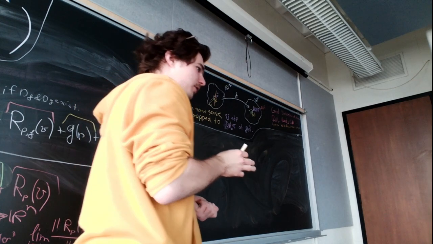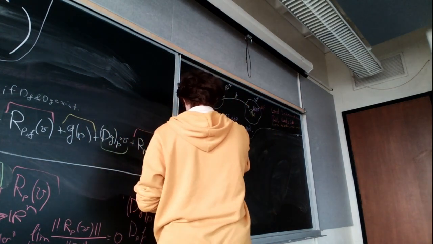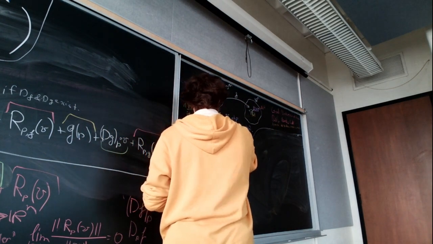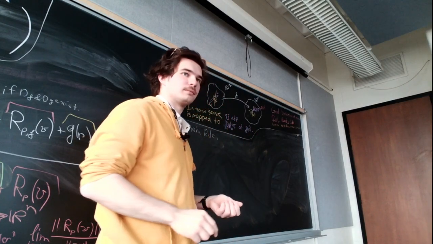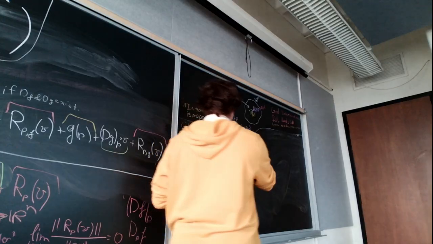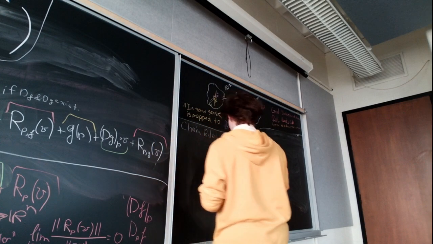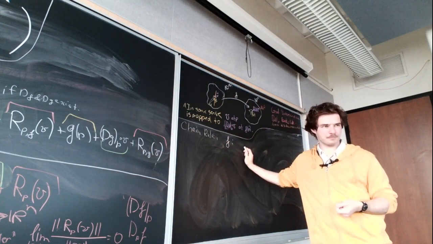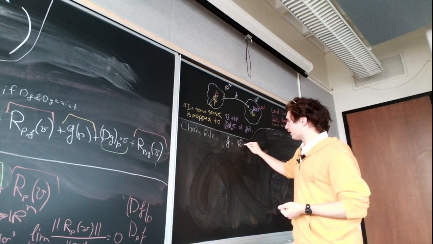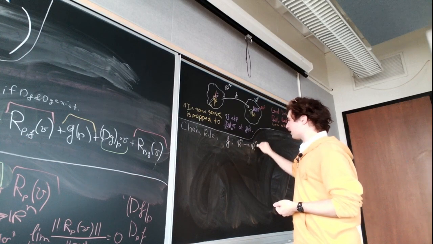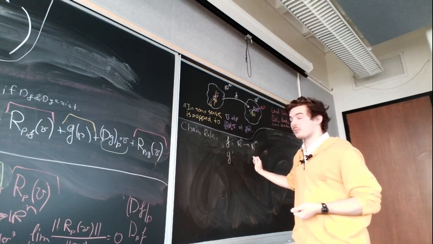So what's the setup for chain rule? So I have some function f that goes from where to where? R^m to R^n, okay. And then I have some function g, which has to go from where to where?